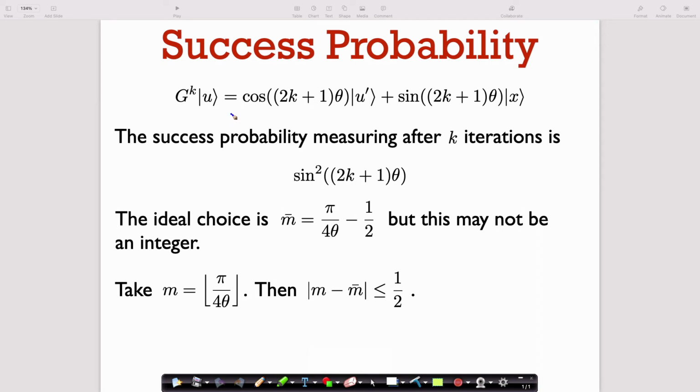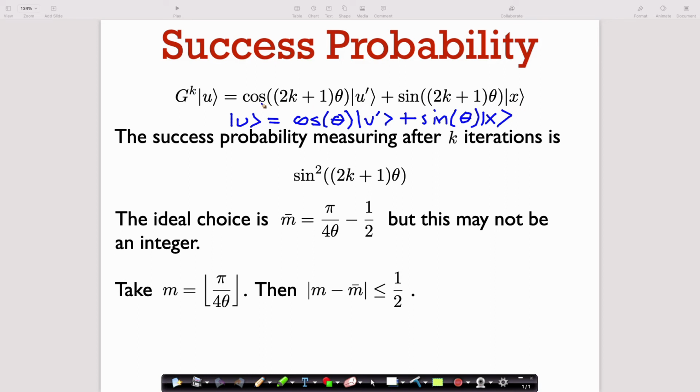Okay, so recall that the state U is just the state cosine theta U prime plus sine theta x, okay? And now G has the action of rotating the state by an angle 2 theta counterclockwise. Okay, so after applying G k many times, we are just in this state here.